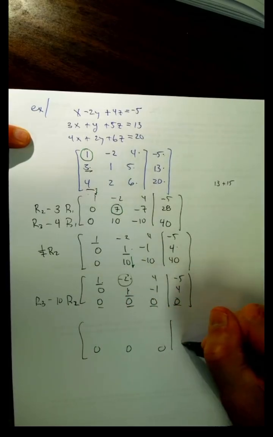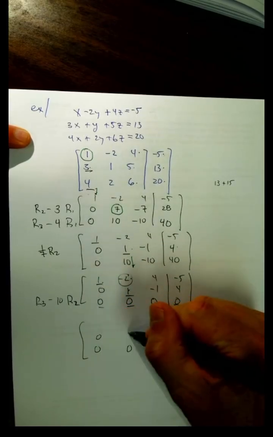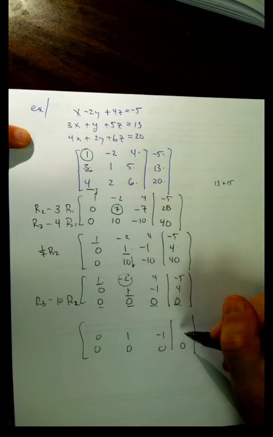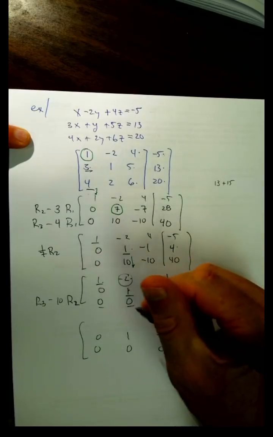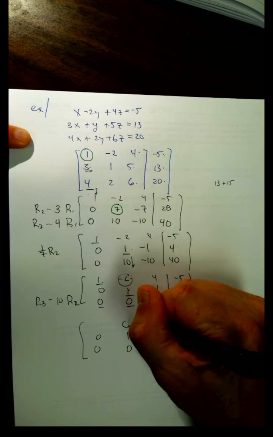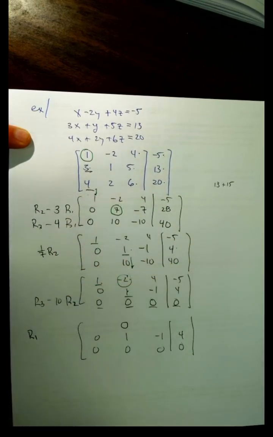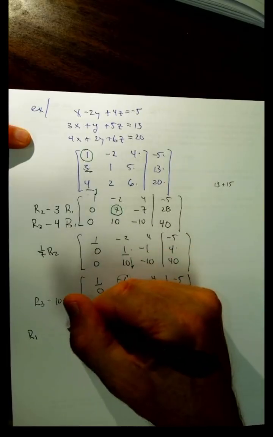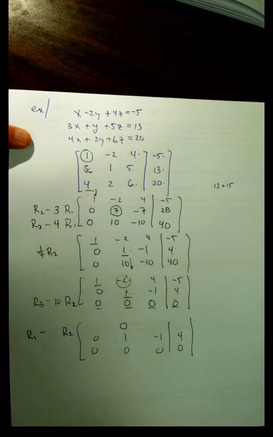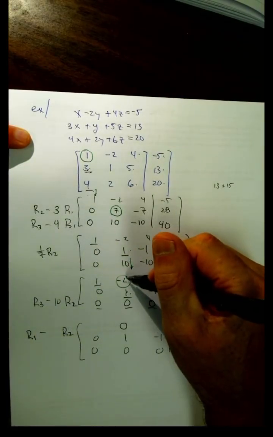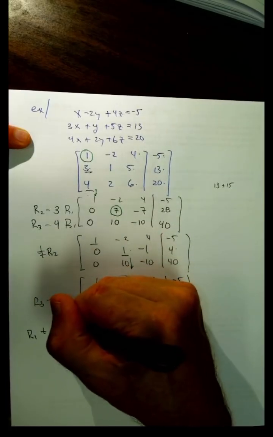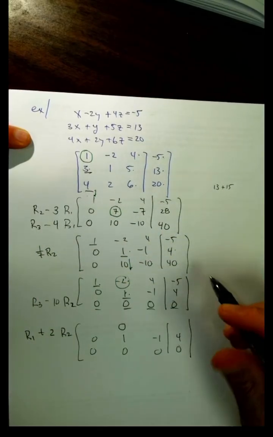So I'm going to leave the bottom row alone. I'm going to leave the middle row alone. And I know that when I'm done, I'm going to get a 0 there. So I'm going to take my row 1, and I'm using this now as my pivot, so I'm going to subtract something times R2. I'm going to need a minus 2 times that.